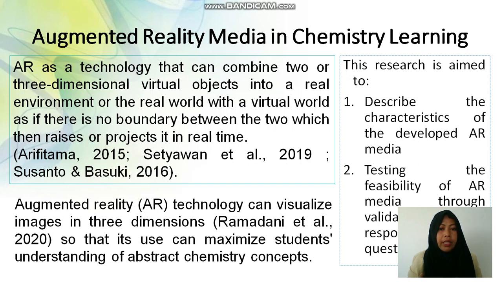The augmented reality technology can visualize images in three dimensions. In chemistry learning, one use is to describe the structure of chemical molecules in three dimensions, so that it can maximize students' understanding of abstract chemistry concepts.